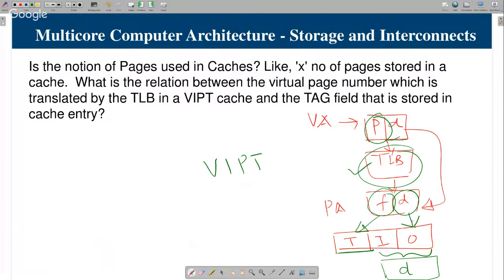That is called virtually indexed. By the time I index into the cache, the translation is done and you have the frame number. Once you get the frame number, the most significant bits of the physical address are available, which means the tag is available. Pages are a concept used in the operating system for handling virtual memory, and once you get the physical address with the help of the translation look-aside buffer, you are able to get the tag.